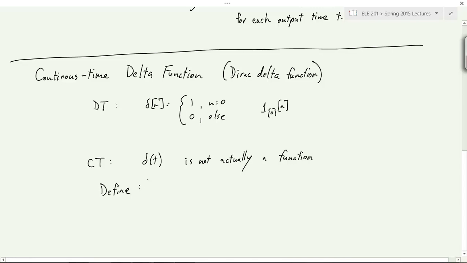So we're going to define this function such that if you integrate the delta function times some other function, dt, you get the value of that other function at 0 if f is continuous at 0.